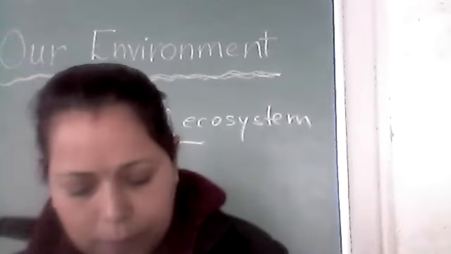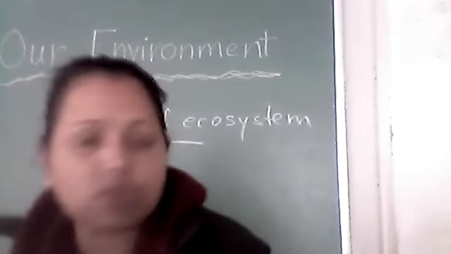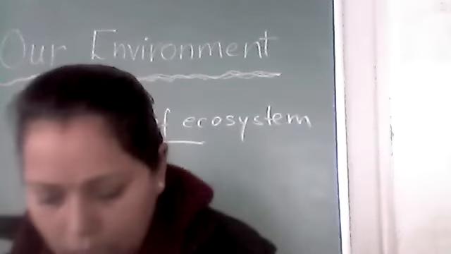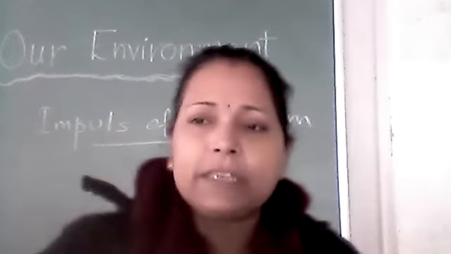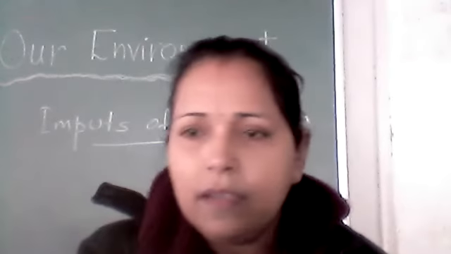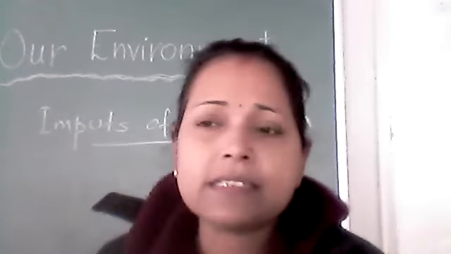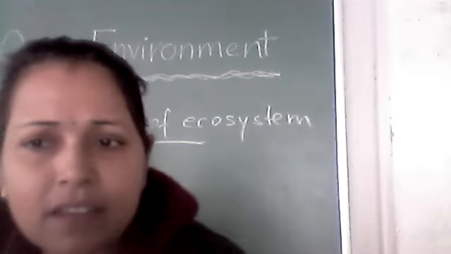Now energy, you know, an ecosystem does not have its own source of energy. The ultimate source of energy, ultimate source of energy कौन है? Yes, anyone? The ultimate source of energy, the main source of energy, is our sun.